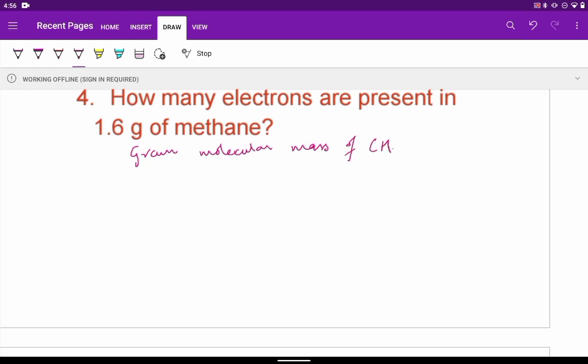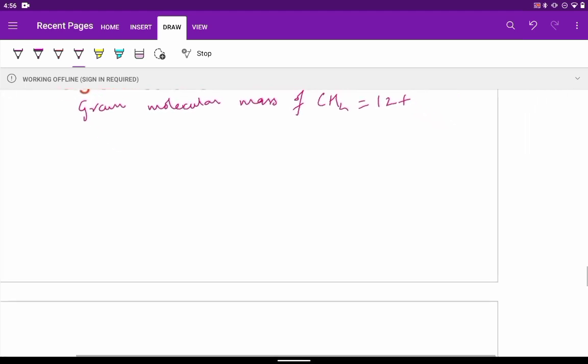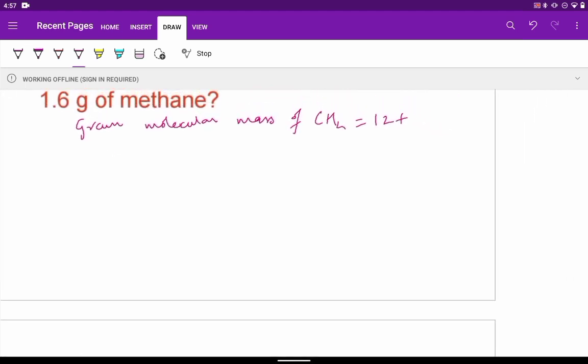Mass of methane, that is CH4, is 12 plus 4: for carbon 12, 4 hydrogen atoms, 4 into 1, 4. 16 grams.